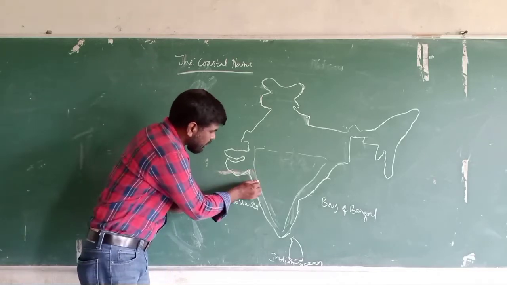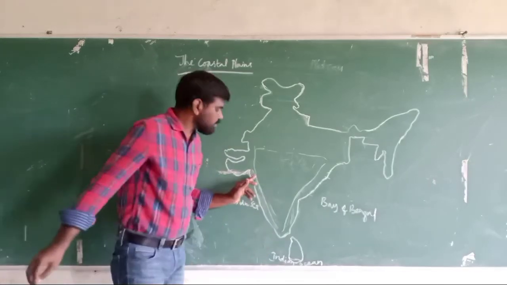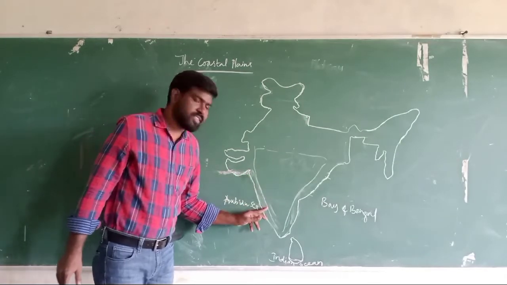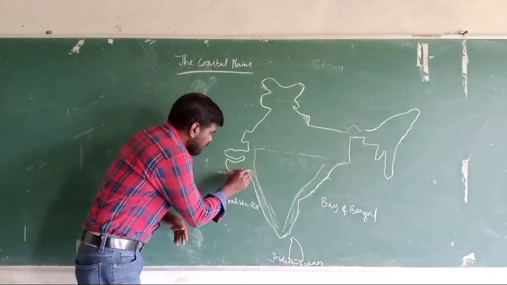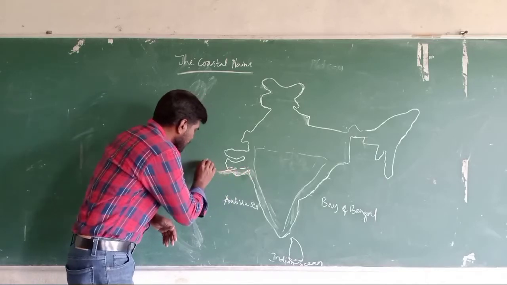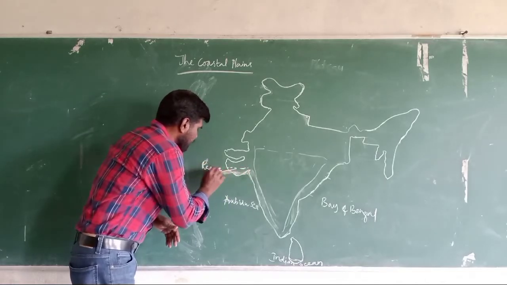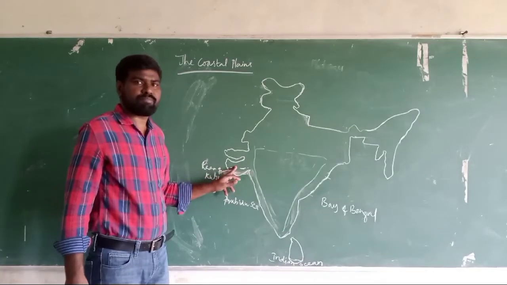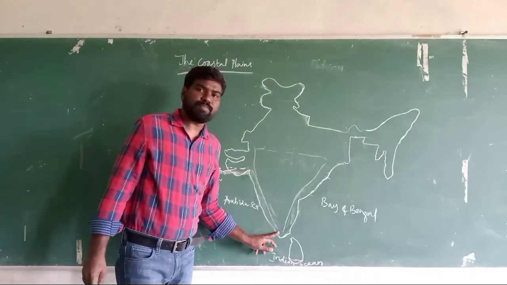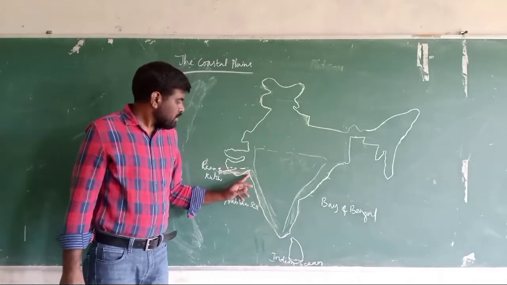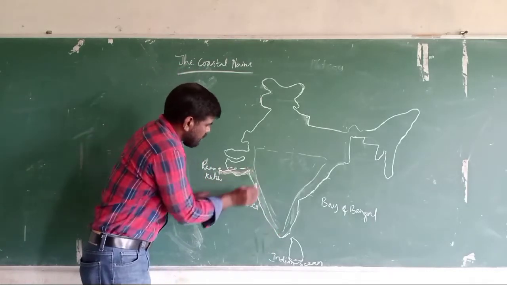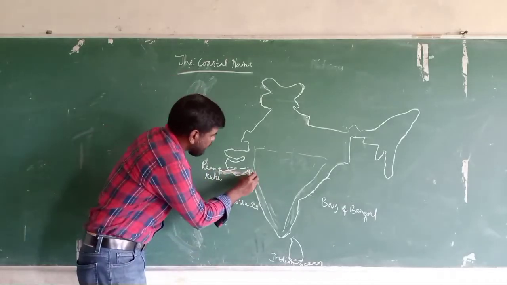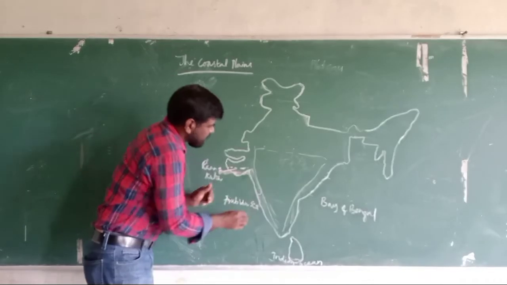These western coastal plains are narrow and interspersed with hilly terrains. They start from the Rann of Kutch in Gujarat to Kerala. And these coastal plains can be divided into three parts.